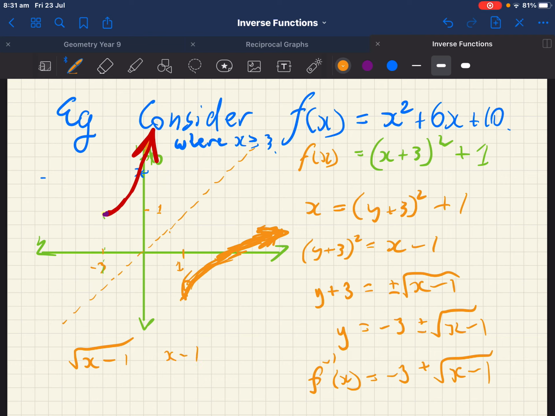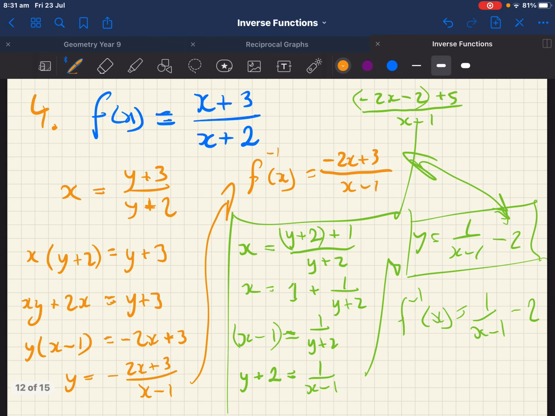X minus 1 needs to be greater than or equal to 0, which means x needed to be greater than or equal to 1. So I've just geometrically, without any knowledge of this, copied what was on the other side of y equals x, and my graph just randomly started at this value 1. Algebraically, we can see why that occurred. This inverse function down here only exists for values greater than or equal to 1.